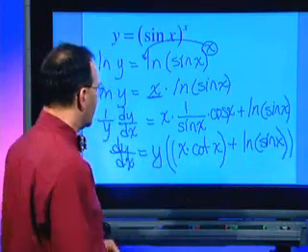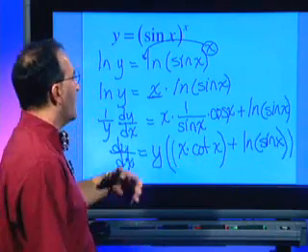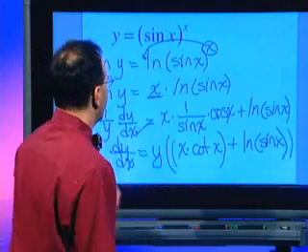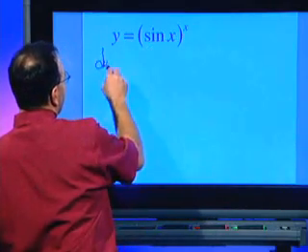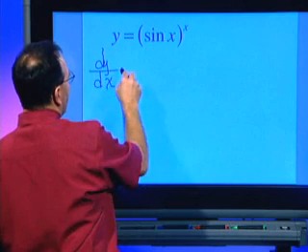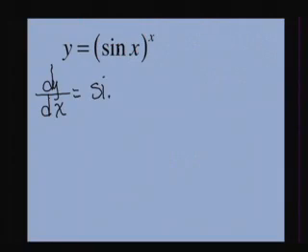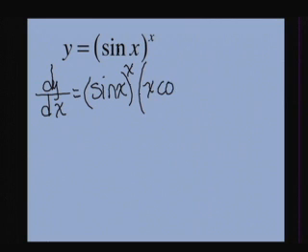So let's make that substitution. So I'm going to clean the screen, and we'll write out what that would be. So dy dx will be equal to sine x raised to the x times, in parentheses, x cotangent x plus log of sine of x.